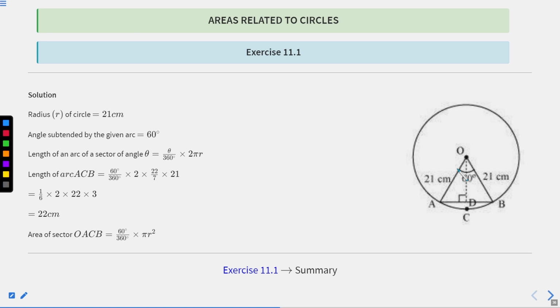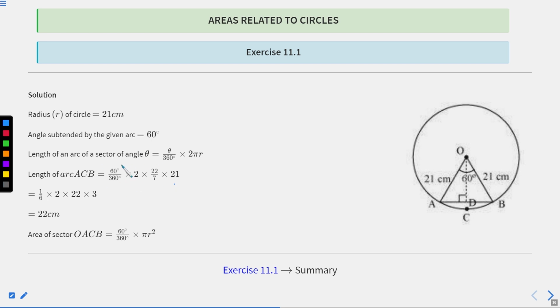Now the length of an arc of a sector of angle theta is equal to theta by 360 degree into 2 pi r. We know this formula. So length of ACB is equal to 60 degree divided by 360 degree into 2 into 22 by 7 into 21.